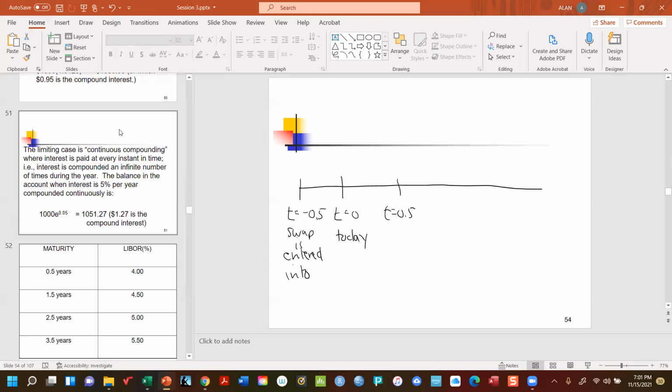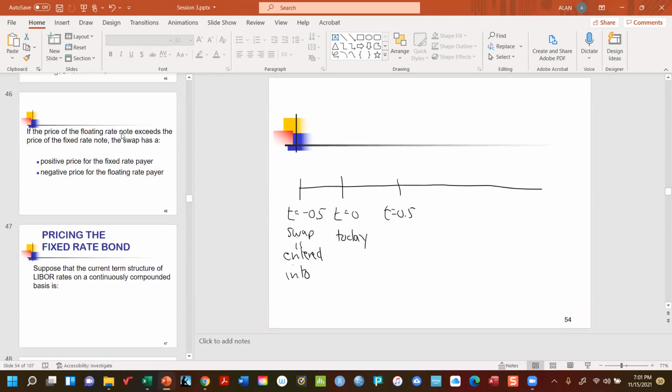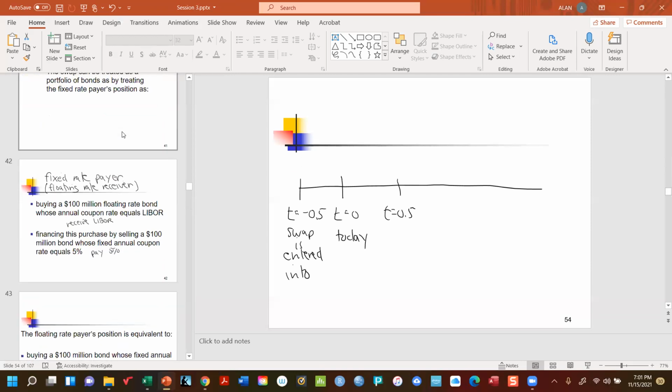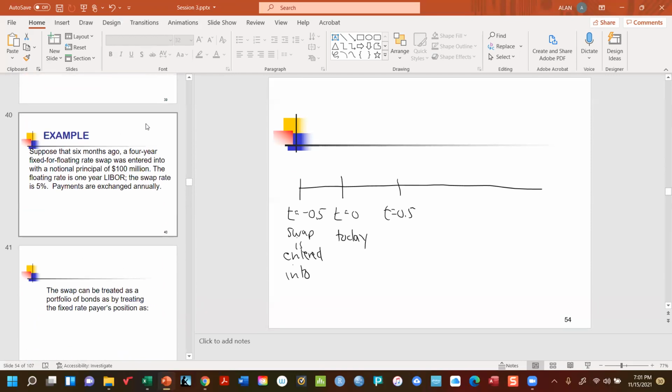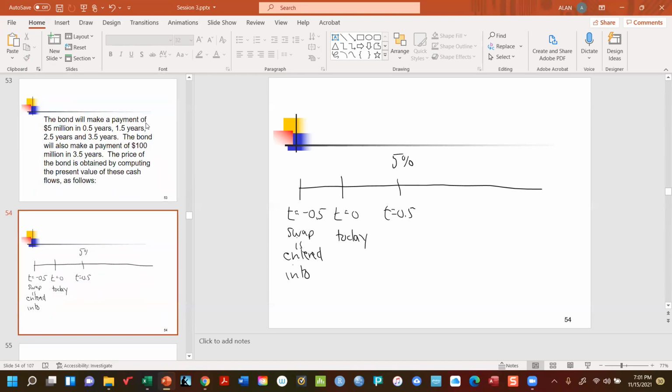And we have the swap rate of 5%, and on the floating rate side is LIBOR.